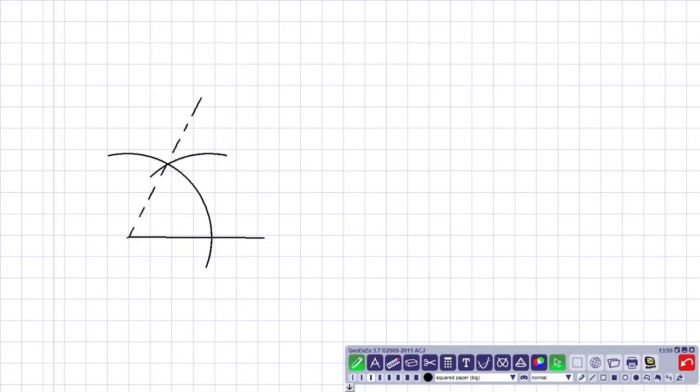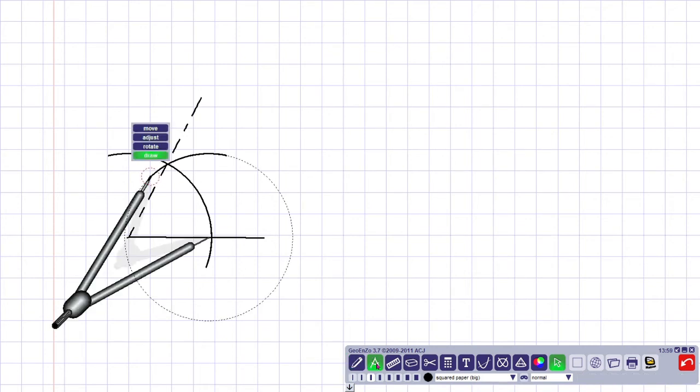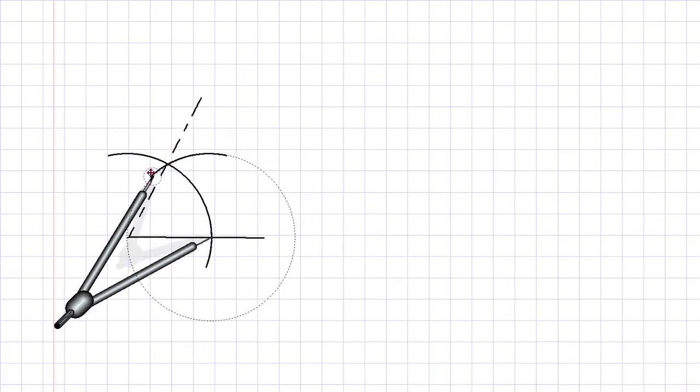Now I have to construct the bisector of the 60 degree angle. Here to here 60. Place the compass here and here and draw arcs to bisect this angle. Now let's construct the bisector.